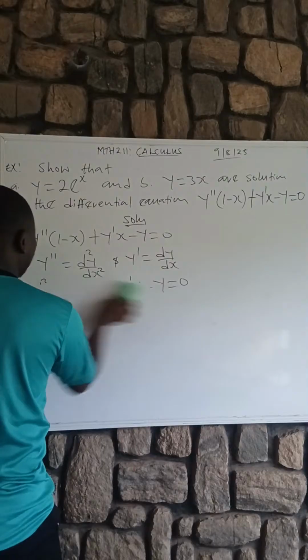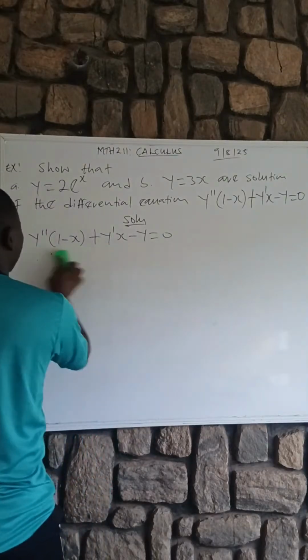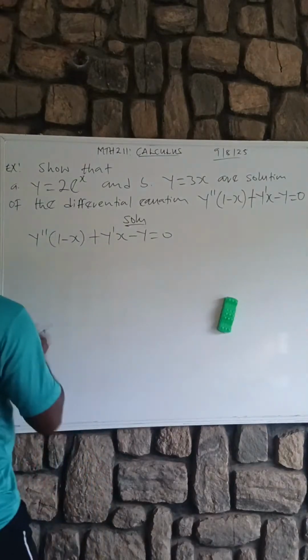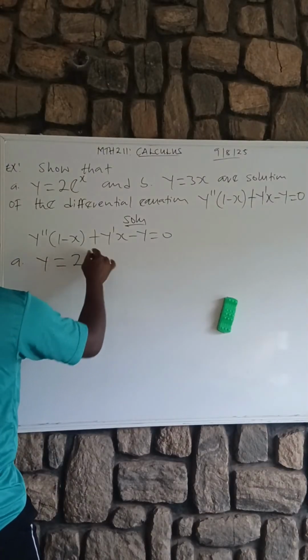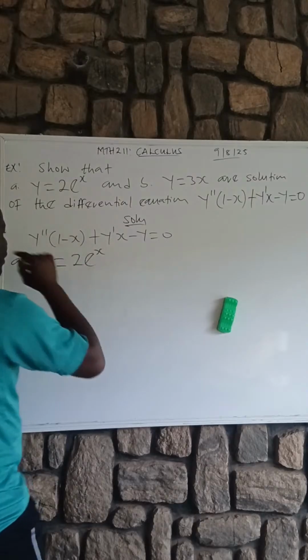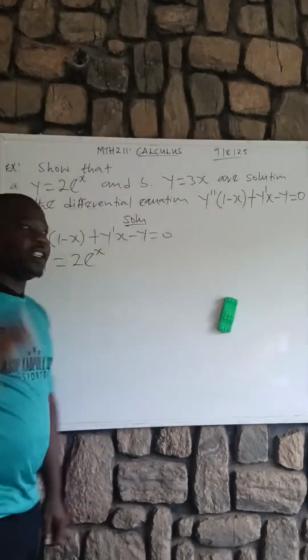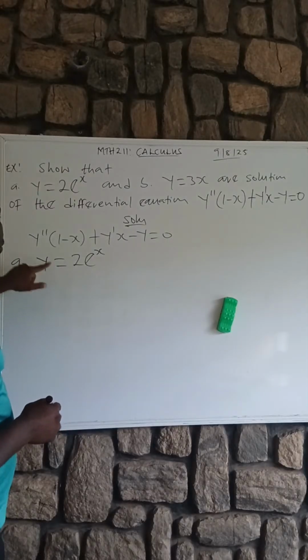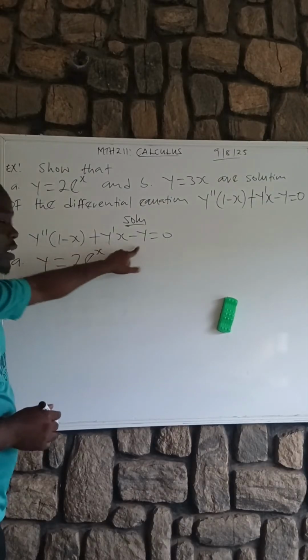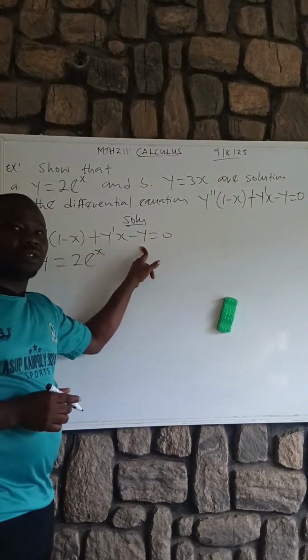So now they said we should show that. Let's consider A: y is equal to 2 exponential x, right? So we should show that this is a solution to this second order differential equation. How?